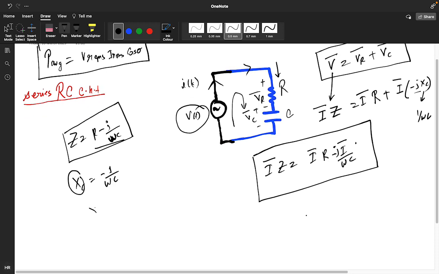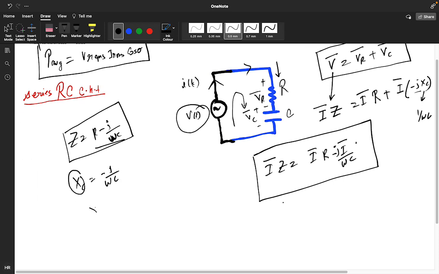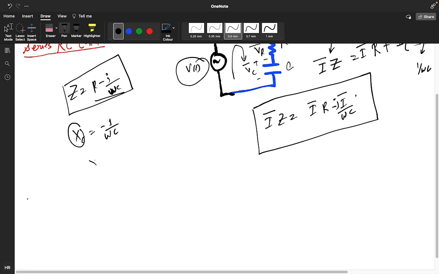If this part is clear, then you guys just tell me. Let us suppose, we know V is equal to L di by dt, and I of t is equal to C dV of t by dt.